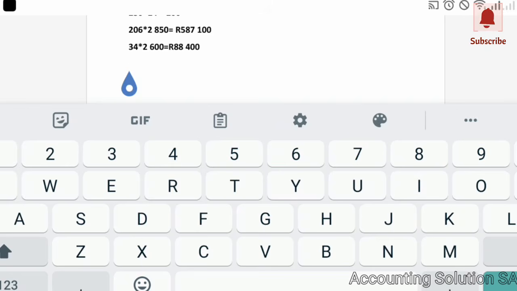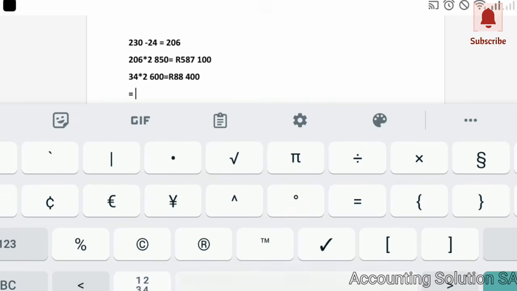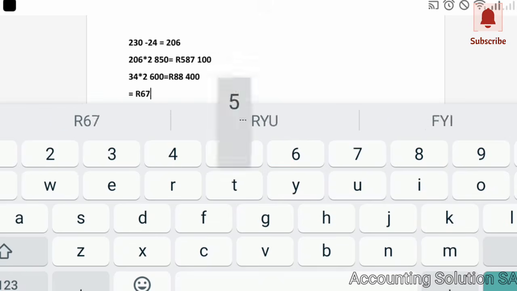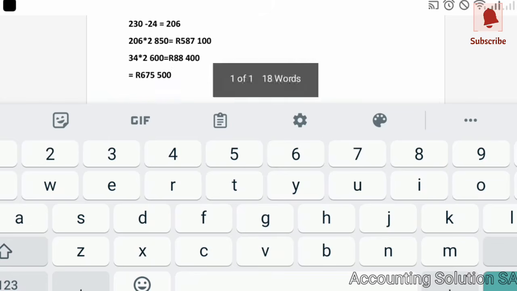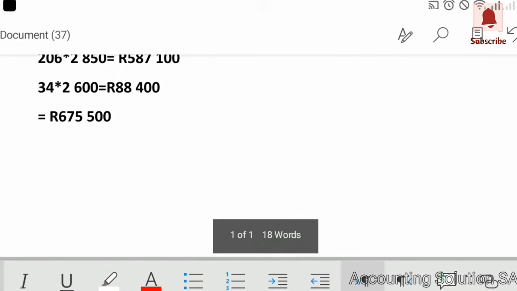Okay, now we get the value of the 240 units. It's going to be 88,400 plus 587,100. Then it's going to give us a total of 675,500. That's our answer.